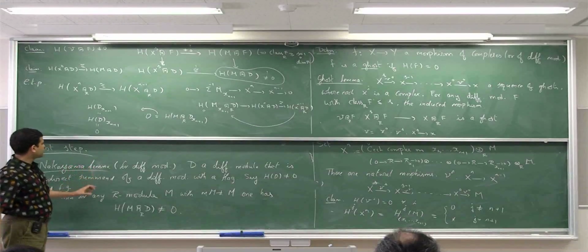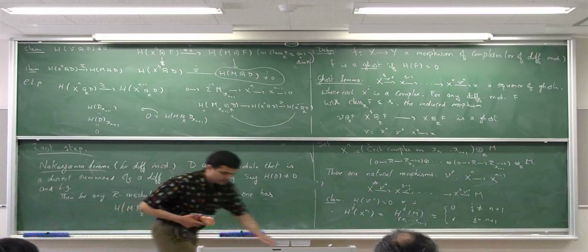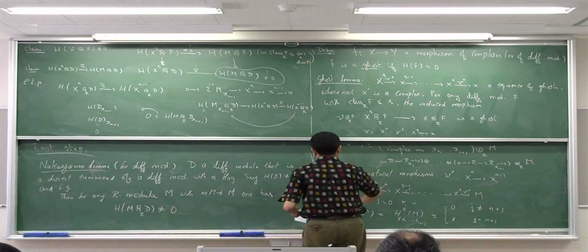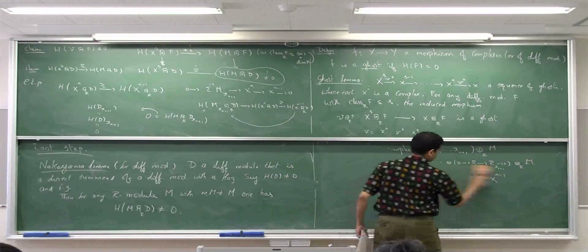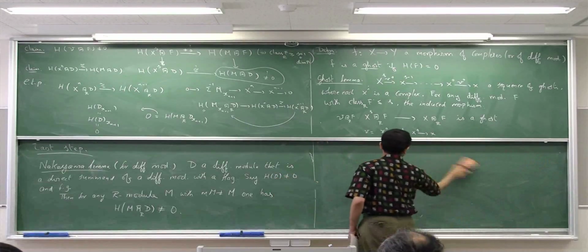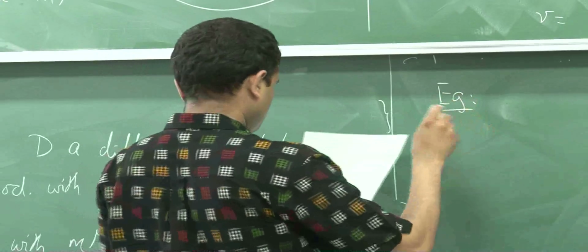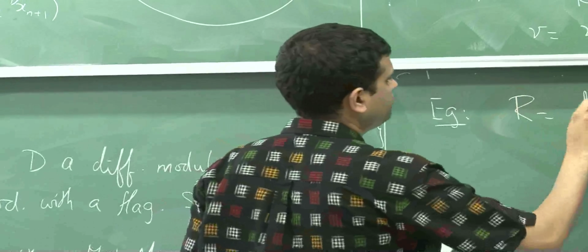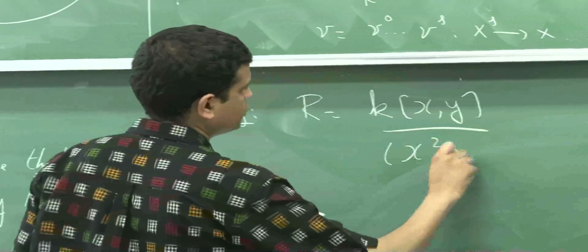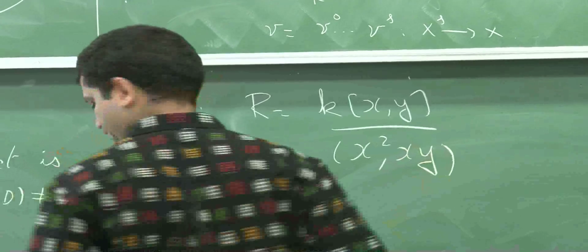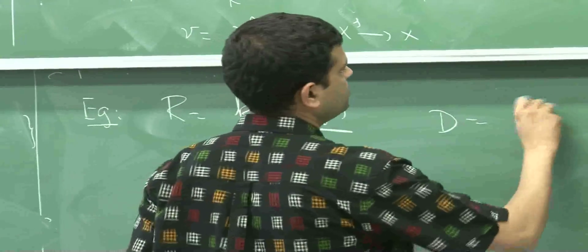But before I end, let me give you a simple example to show that this is something that calls for a proof, by leaving you with the following example. Look at the ring k[x,y] modulo (x squared, xy), and I want to take D to be the differential module.